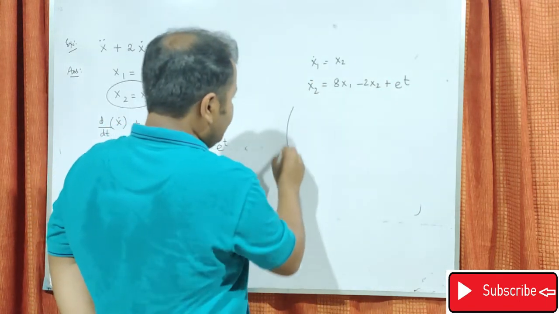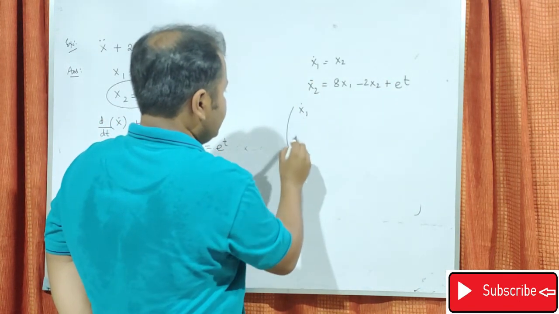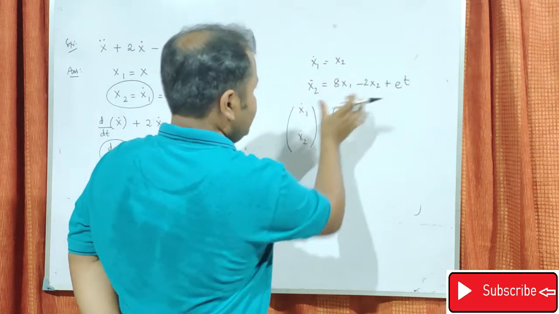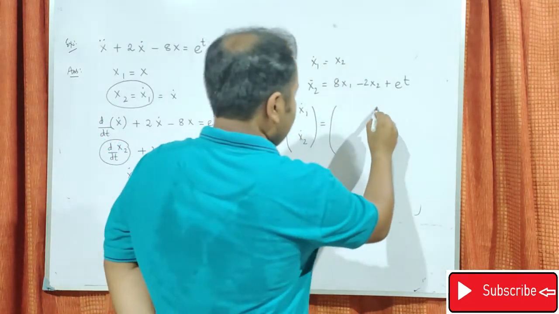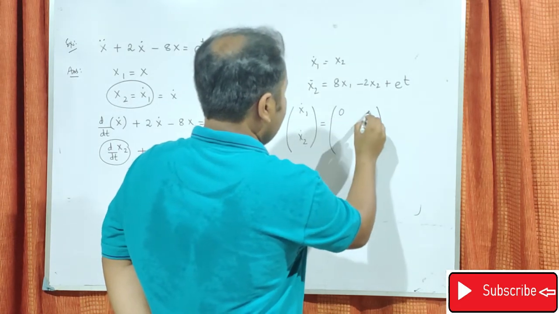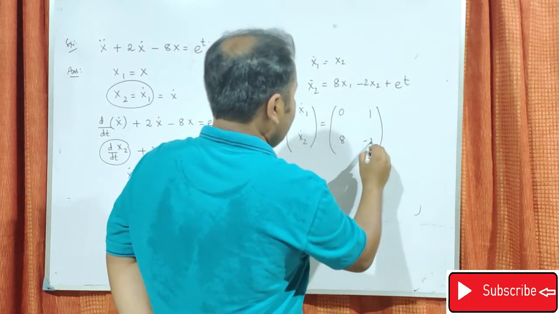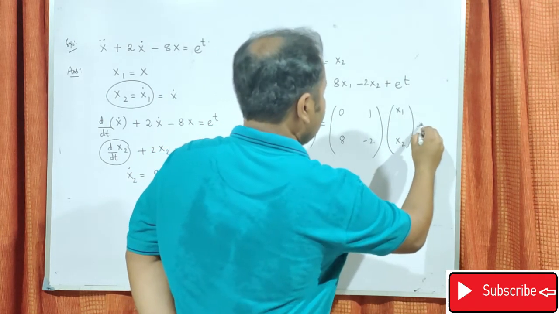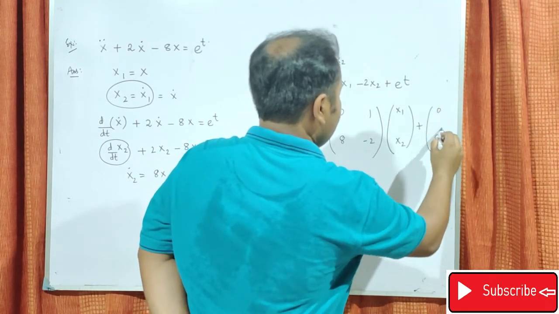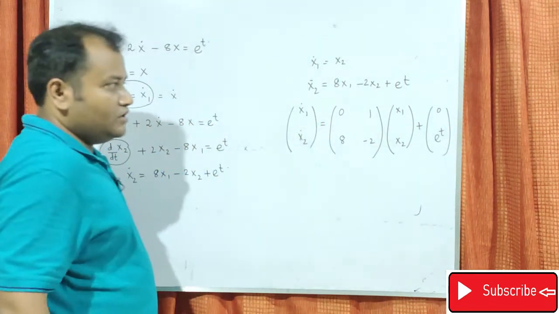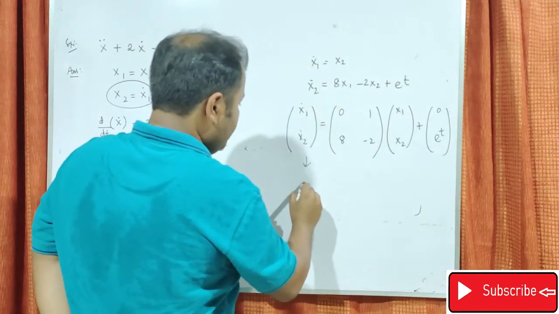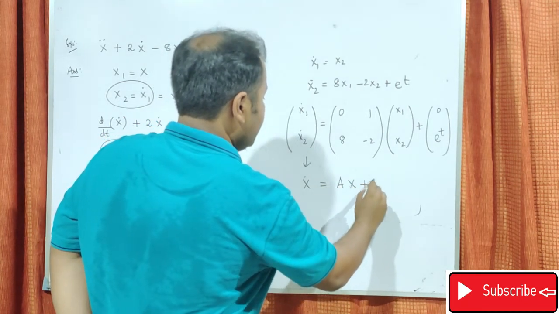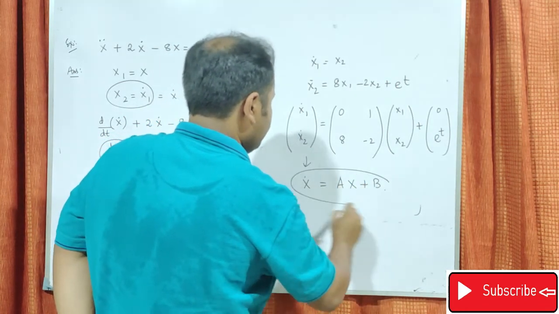Now can we write this one in matrix form, that is x1 dot, x2 dot equals, matrix 0 1 8 minus 2, times x1, x2, plus 0, e power t. So now basically this is of the form x dot equals A times capital X plus b.